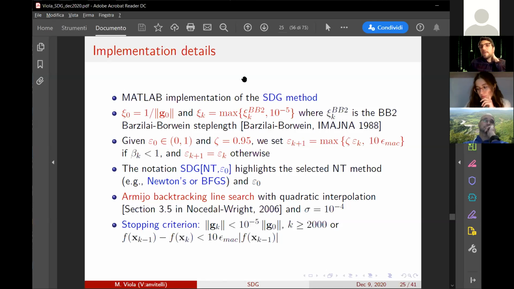Our comparison was only on Barzilai-Borwein-like strategies, and I didn't show anything regarding that comparison, but we performed comparison with BB2, BB1, and ABB mean. We chose BB2 because it proved to be more effective in terms of time, iterations, and objective function evaluations.